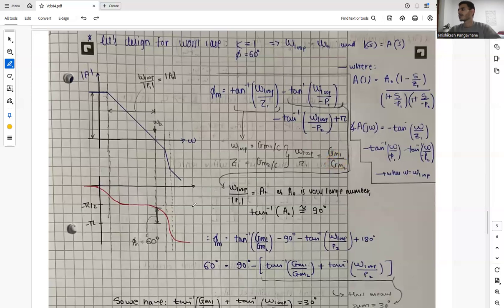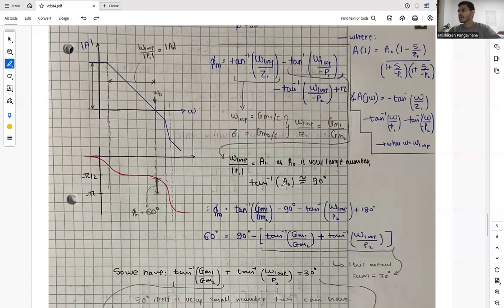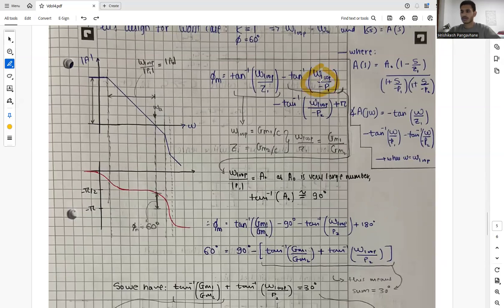So tan inverse of a very large number is nearly 90 degrees. This part gives us a phase lag of 90 degrees.